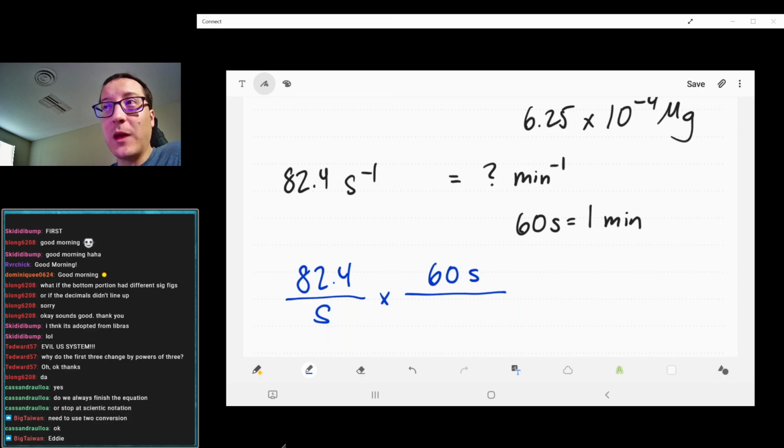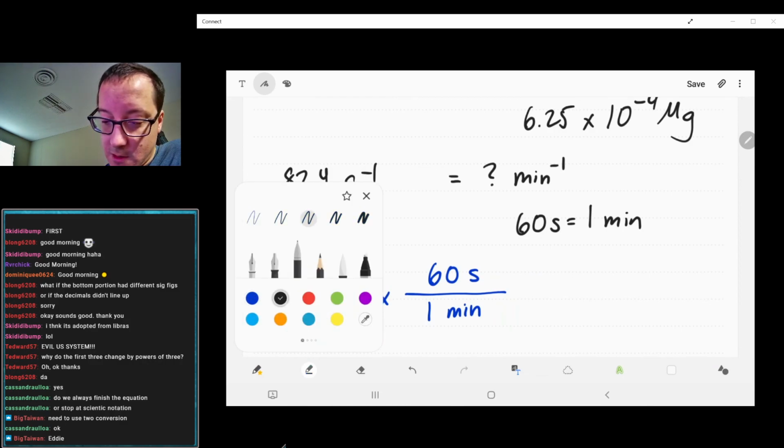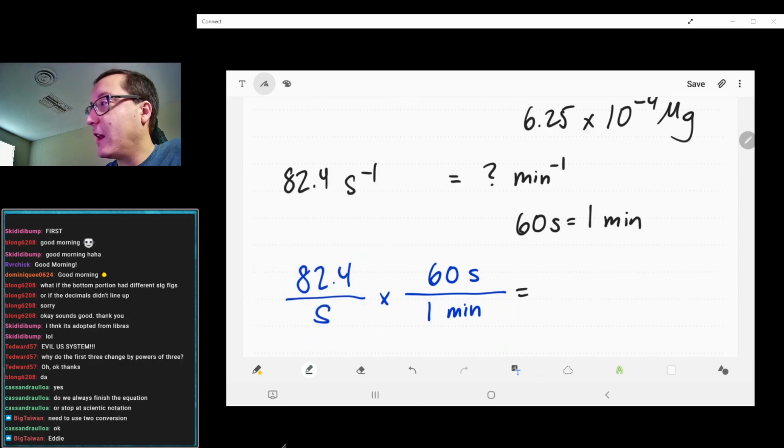Just like before, if we had it in the numerator, we want to put it in the denominator to get rid of it. This time we just have the opposite case. And of course, we're going to put 1 minute on the other side. And so we're going to end up getting the answer of 82.4 times 60.